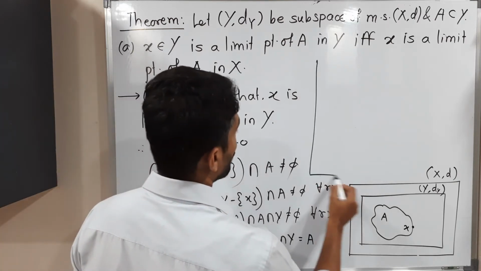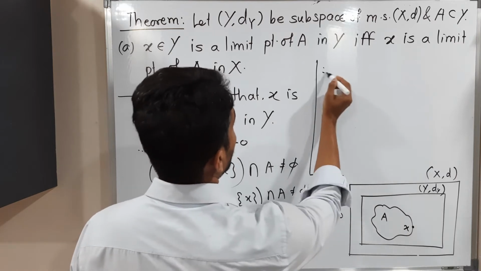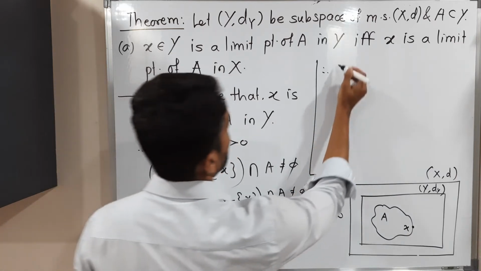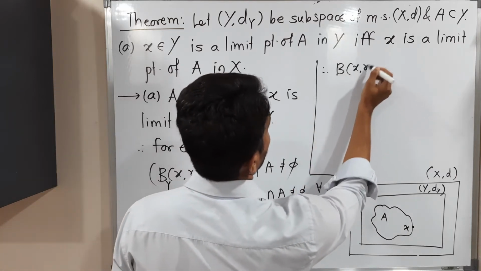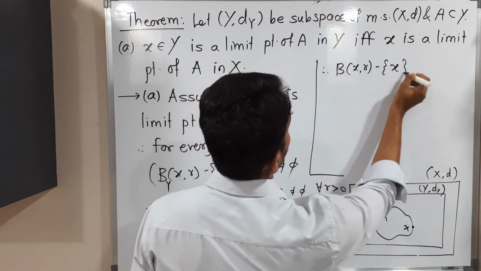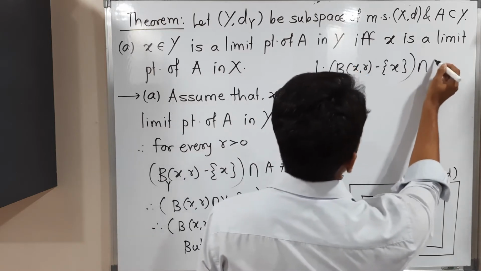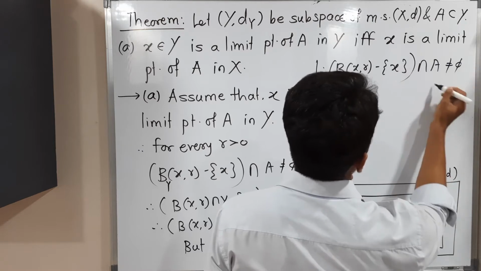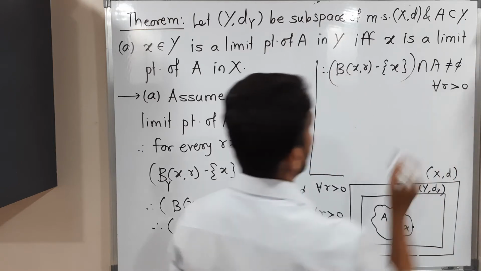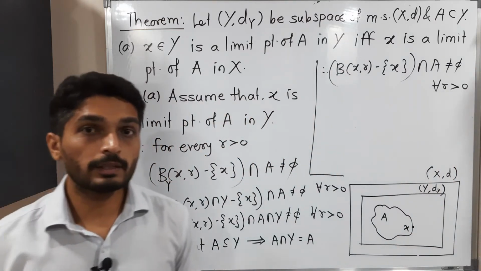Therefore, what can we write? B(x,r) minus singleton x, intersection A, is not equal to phi for all r greater than 0. This is the definition of limit point.